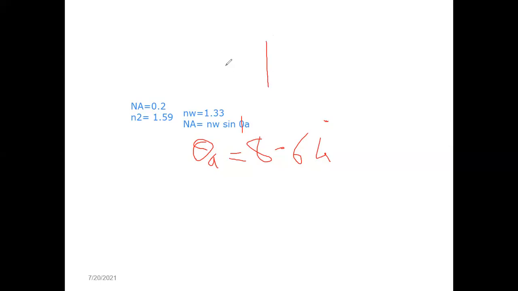Nilesh is right. Then what will the formula be? Sin theta A upon NW. What about others?